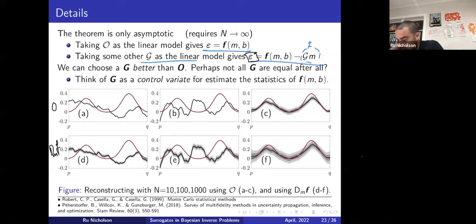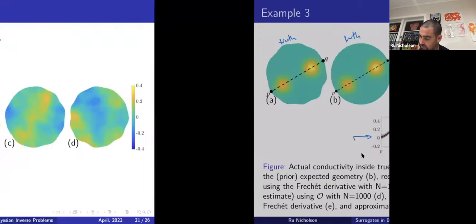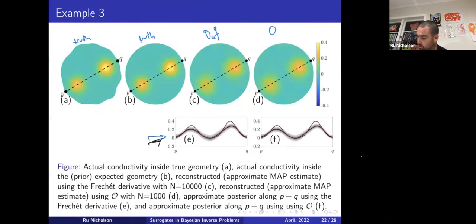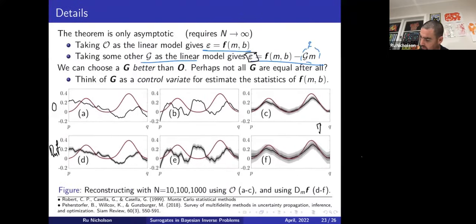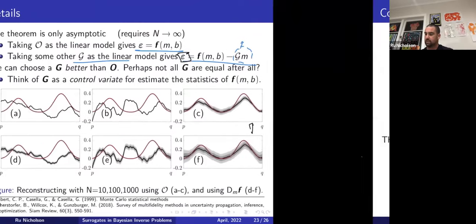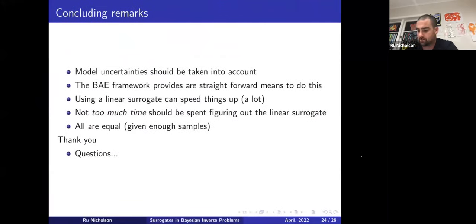They are not identical, but you can see that the uncertainty is less pronouncedly underestimated using the Frechet derivative. Again, these still look different at 1,000, but they do converge after 10,000.